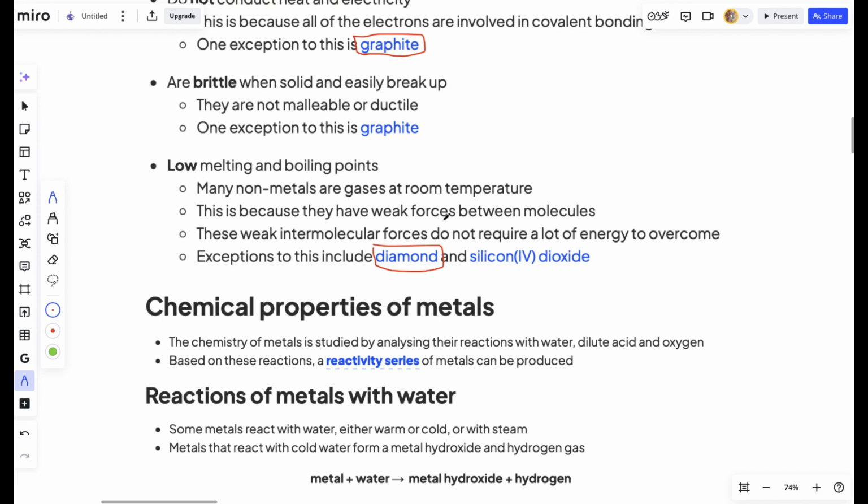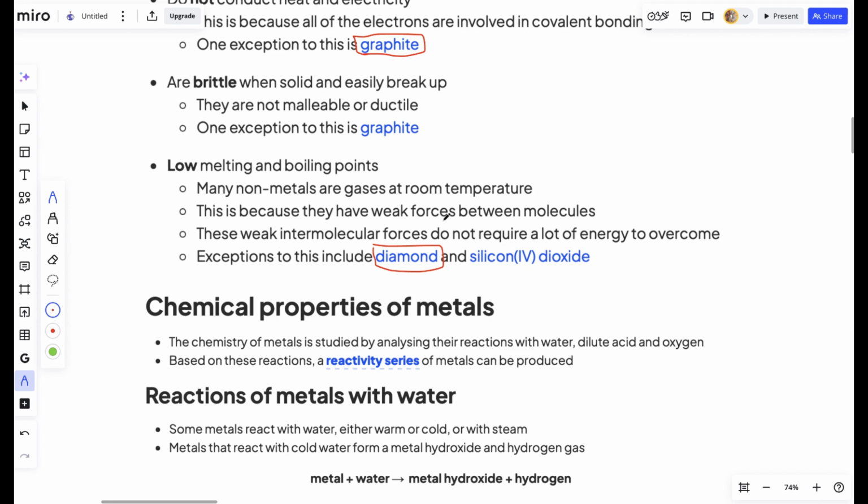Except diamond and silicon dioxide, these are the only two that are very hard. The structure of diamond is so unique. It's even harder than metals. This is the irony of life. Non-metals are very weak, not hard, but there is one exception: diamond.